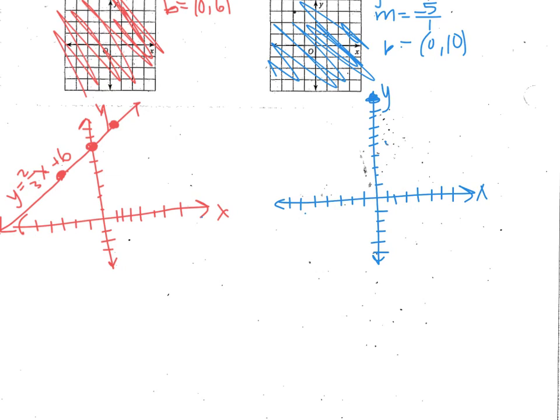And let me just do that one more time. Down 5, right 1. So that's a pretty steep line. Negative 5 is a relatively steep slope. So not really that great, a little sloppy, but I wish I were on graph paper. And now I'm going to write y equals negative 5x plus 10 next to the line.